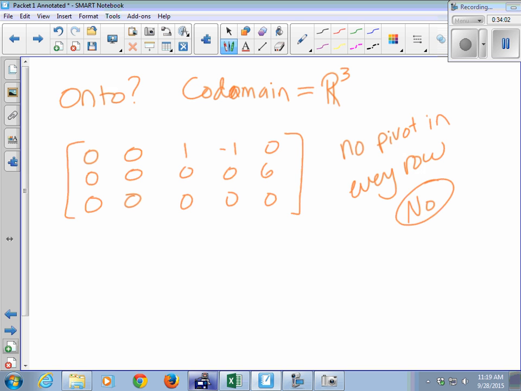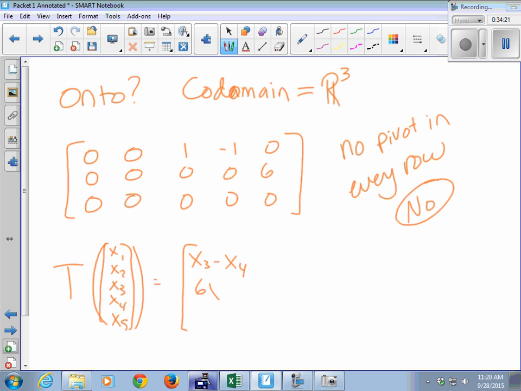The other way we could have seen it is if you just went back to the original definition. T of any vector x1, x2, x3, x4, x5 in R5 gives you x3 minus x4, 6x5, 0, right? The third entry of every output vector is 0.